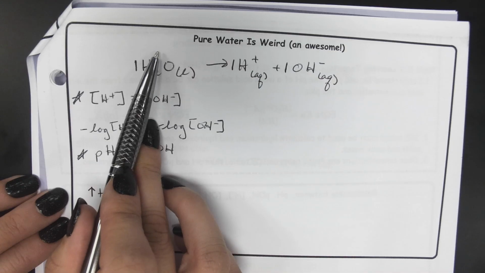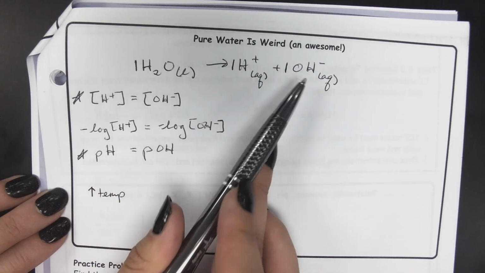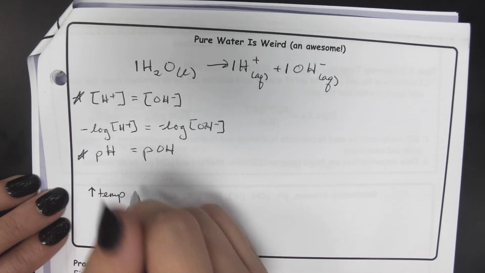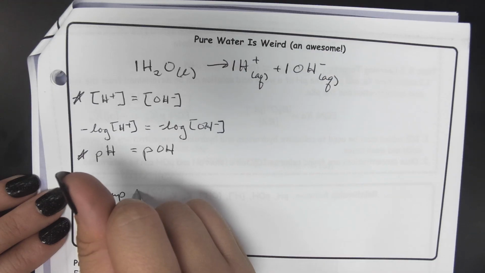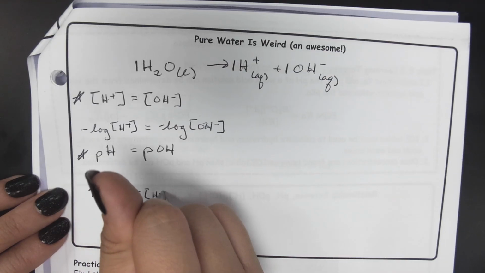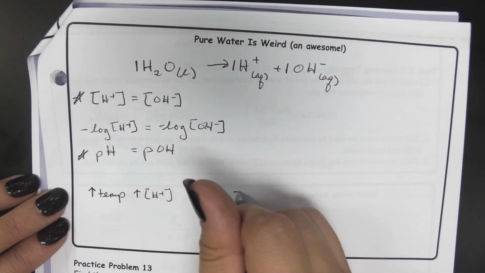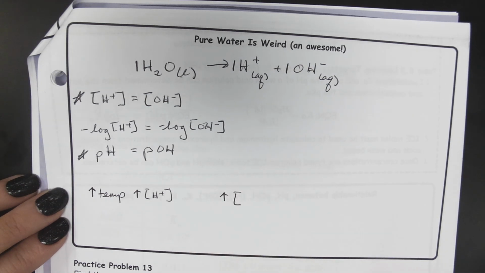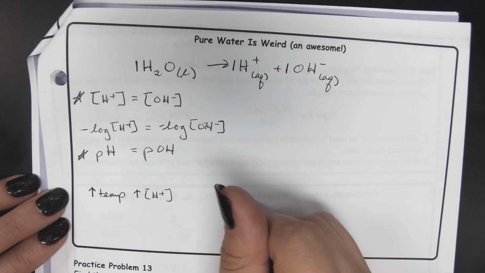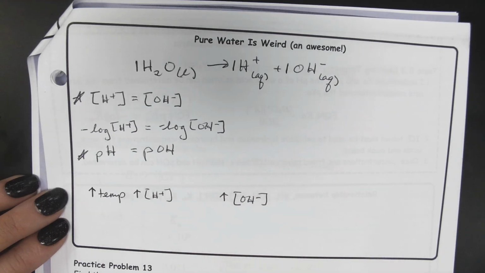So if there's more water molecules breaking apart, there's more of this guy, there's more of that guy, right? You could say if the temperature increases, we increase the concentration of H+. We also increase the concentration of OH minus. All right, great.